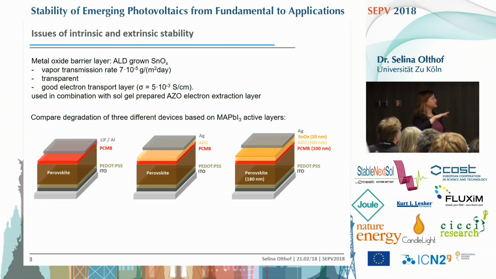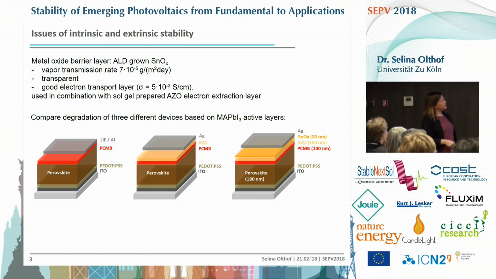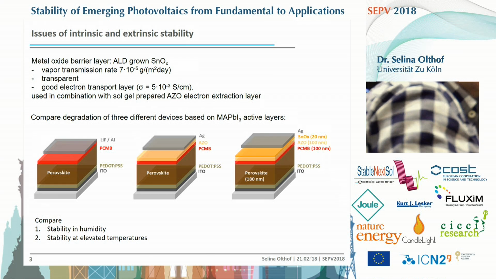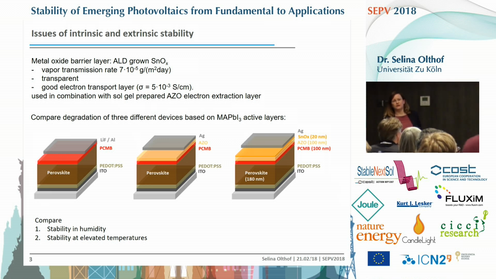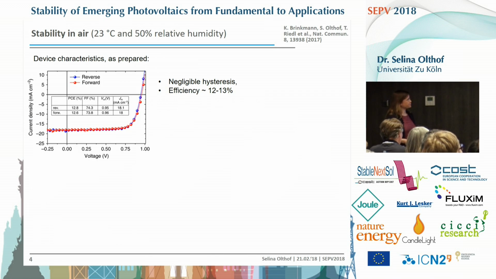It has some holes, it has inhomogeneities. We want to compare how this works with one where we add on top of the AZO layer this very dense tin oxide film, 20 nanometers, quite thin. And compare them with their stability in humidity and under elevated temperature.